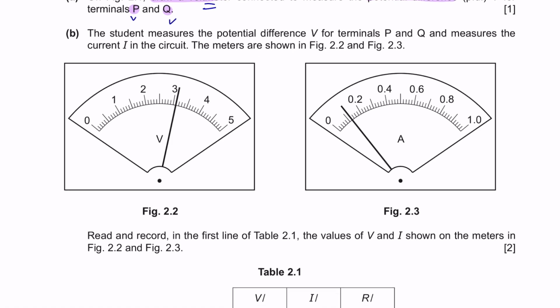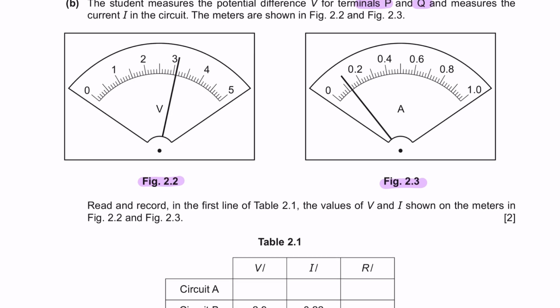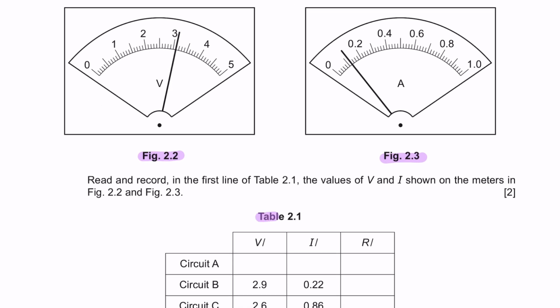Next, question B. The student measures the potential difference for terminals P and Q and measures the current in the circuit. The meters are shown in figure 2.2 and figure 2.3. Read and record in the first line of table 2.1 the values of V and I shown in the meters in figure 2.2 and 2.3.